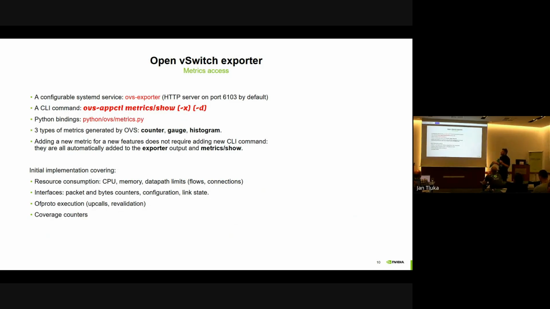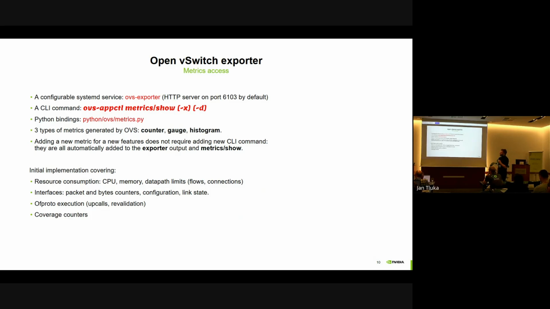The way it is exposed, the proposal there is that you have a systemd service, the OVS exporter. You have a default HTTP port to access this set of metrics. You have actually also a local command, if you want. It's a single CLI command that will expose the same textual information, but directly without using the HTTP server.